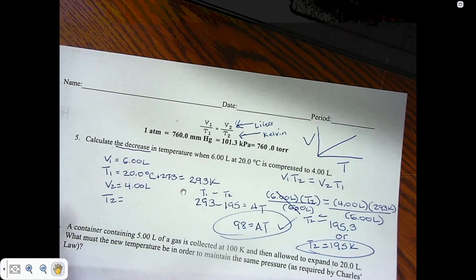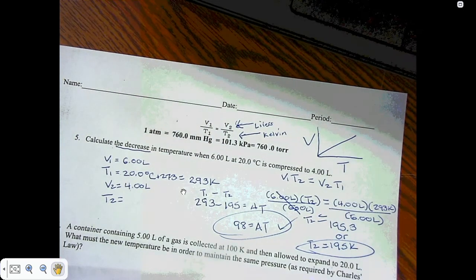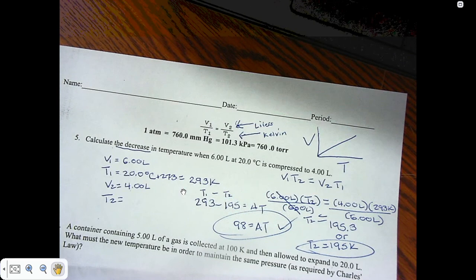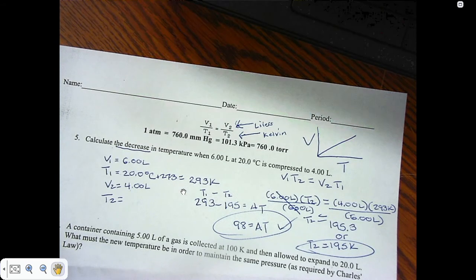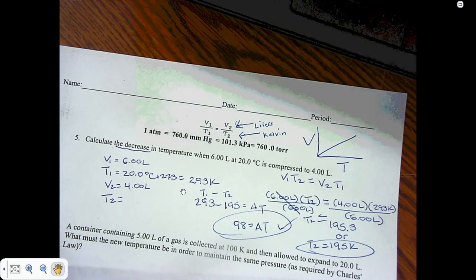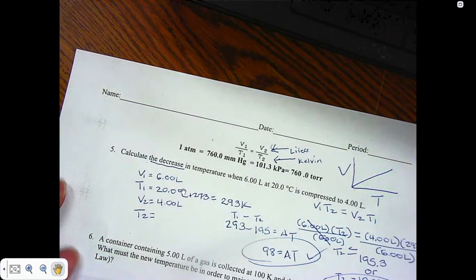And so even if you're not sure of your answer when solving a Charles' law based question, it helps to understand that the relationship of volume and temperature is direct so that you can effectively solve them, fact check yourself, and make sure you are on the right track when solving these types of problems. So that should conclude our information on Charles' law.